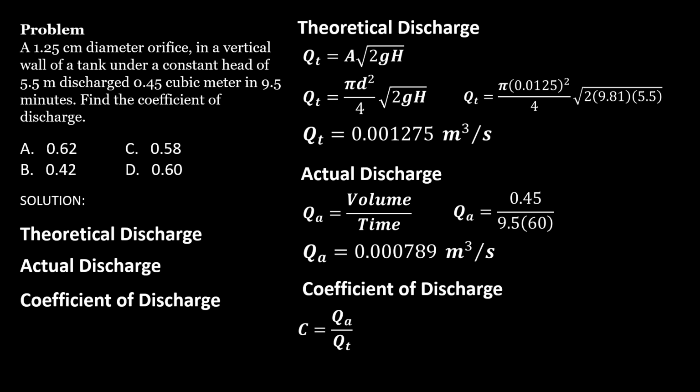Our coefficient of discharge formula will be the ratio of the actual discharge to theoretical discharge, or Q sub A over Q sub T. And then, by direct substitution, we have our coefficient of discharge equal to 0.000789 over 0.001275.